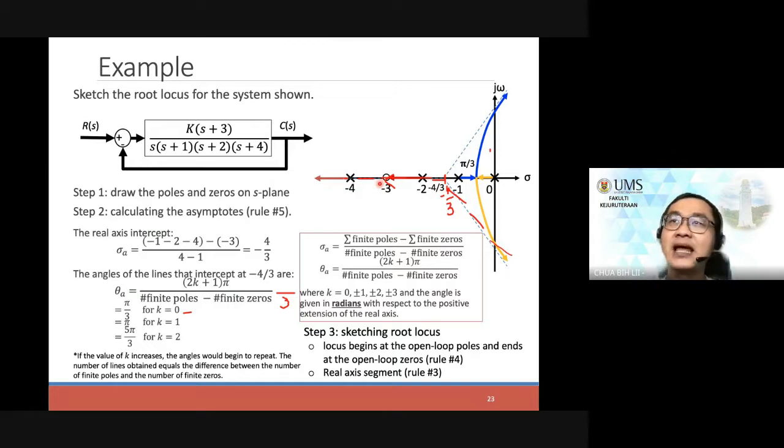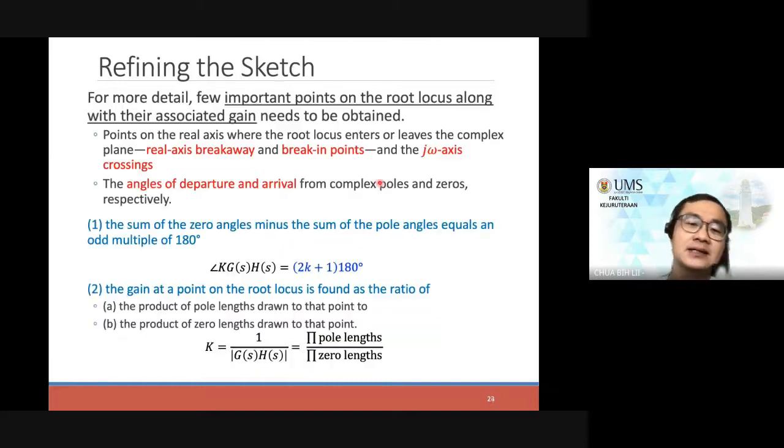So sometimes at a certain range it becomes not stable, and then it becomes stable again. We may not know, which is why we have to sketch the root locus, for us to have a whole idea of what we can select from the root locus technique itself.